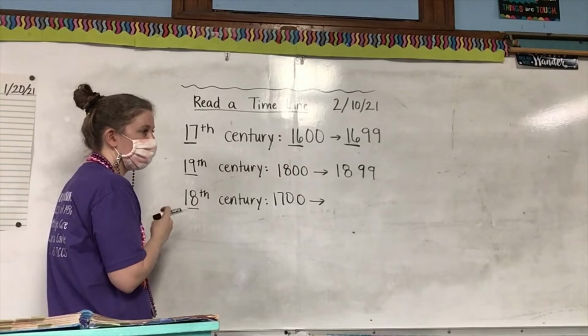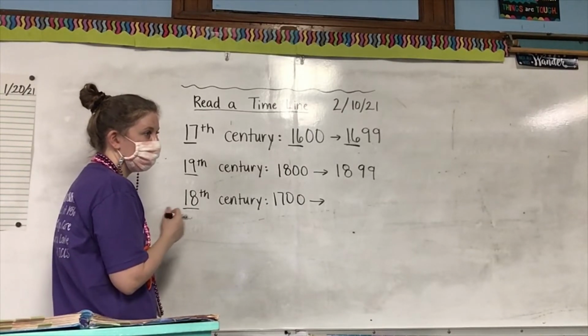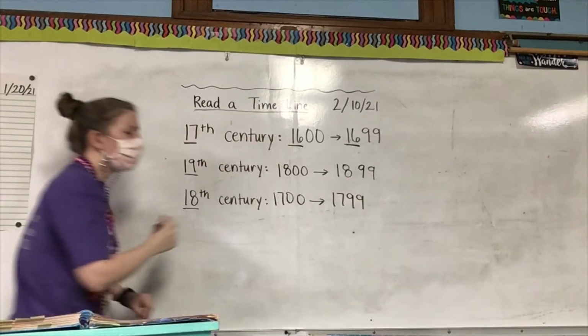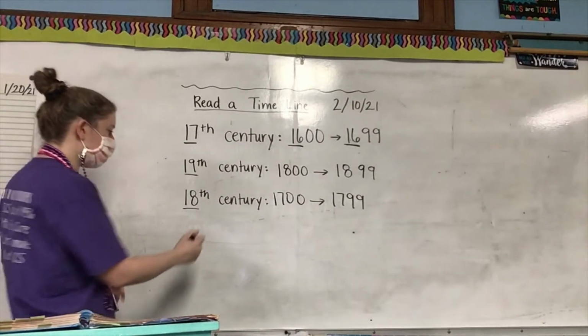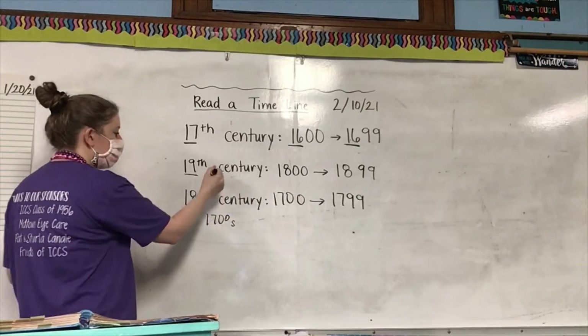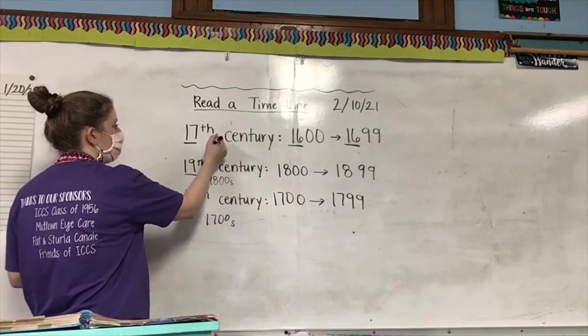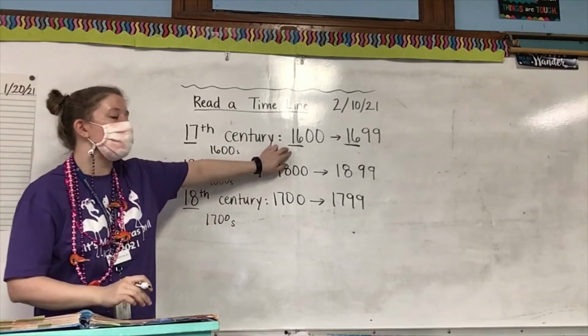Follow the pattern. 1799. You guys keep trying to add the before. We're not adding the. 18th century is another name for the 1700s. 19th century is another name for the 1800s. 17th century is another name for the 1600s. So we don't say the 1600.